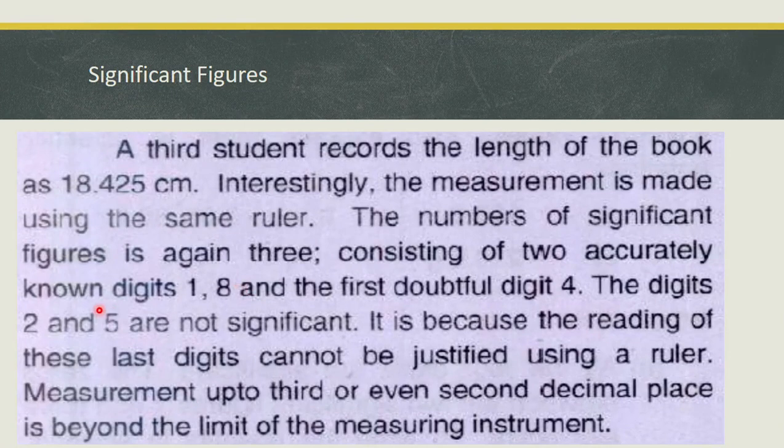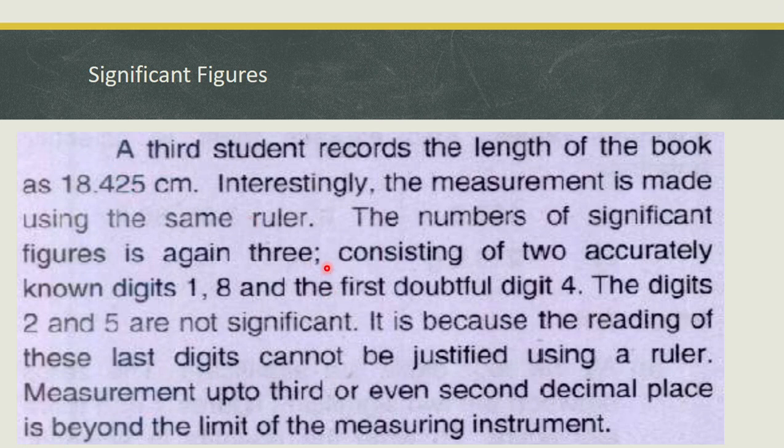So you see why we are not taking these two values 2 and 5: our instrument cannot measure up to 100th or 1000th of a centimeter. That is why these are not significant, but 1 and 8 are accurately known, and this 4 is the doubtful digit, so they are called significant figures, while 2 and 5 are not significant figures because they cannot be justified using the ruler. Is it clear?